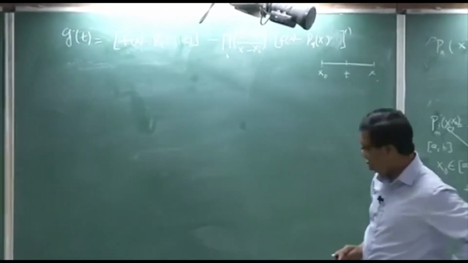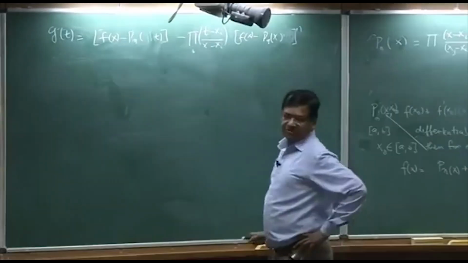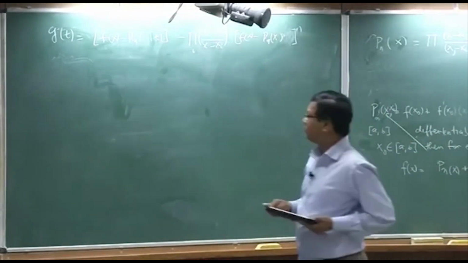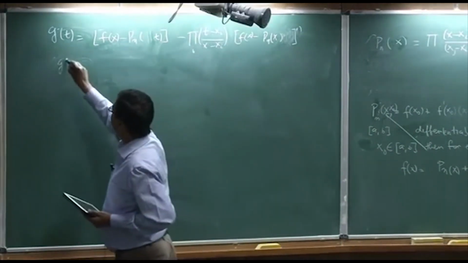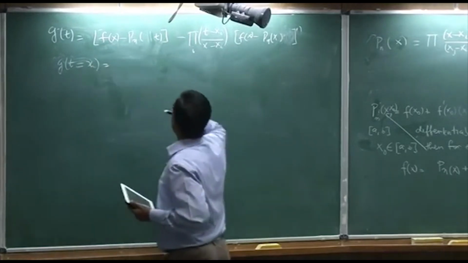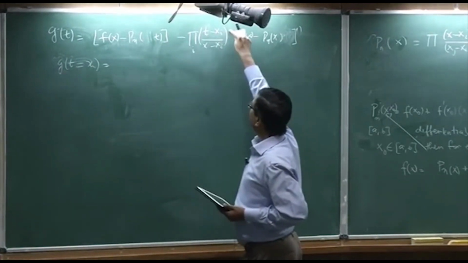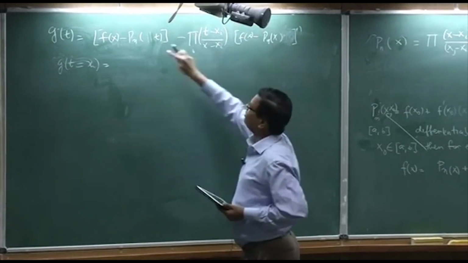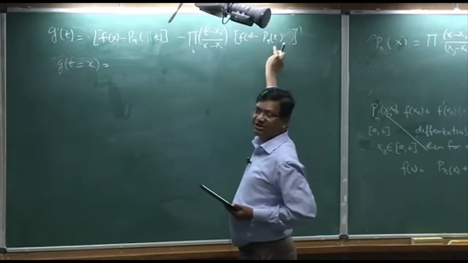Now, this G of t is 0 at many places. What about G of t at t equal to xi's? So, if you put t equal to xi, this is 1. So, this becomes f of x minus p n of t.